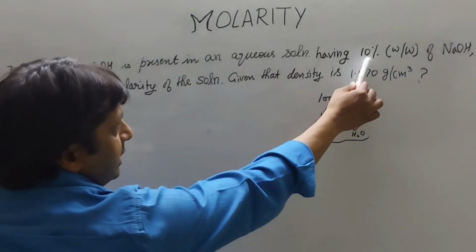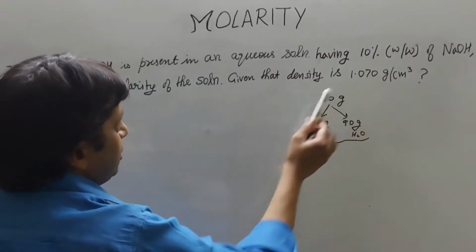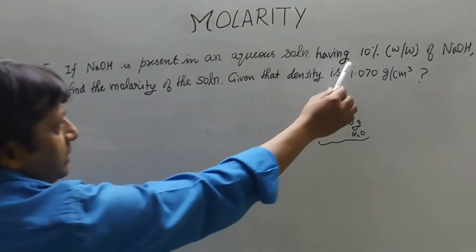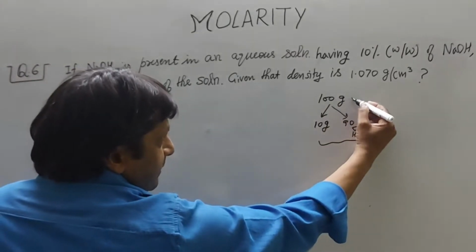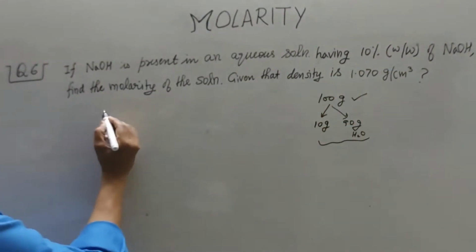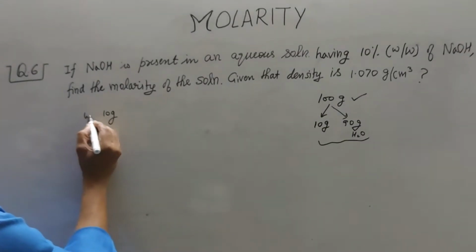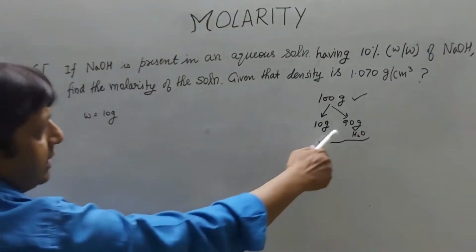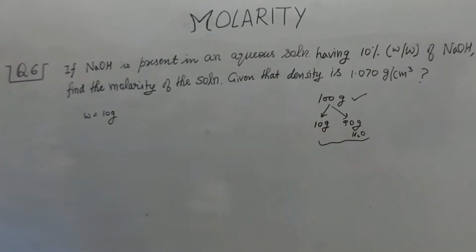It means in 10% W by W NaOH solution, if we consider there is 100 gram of solution, then 10 gram is the weight of the sodium hydroxide and 90 gram is the weight of the water.